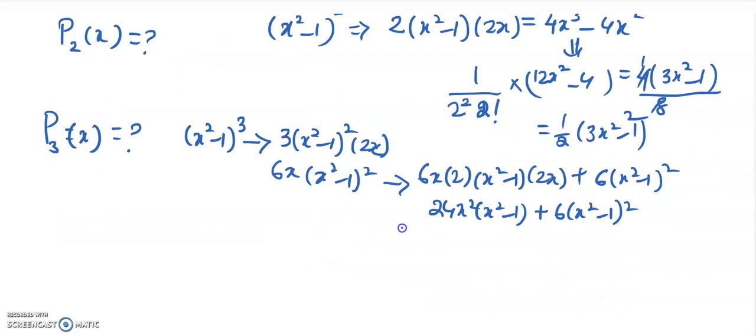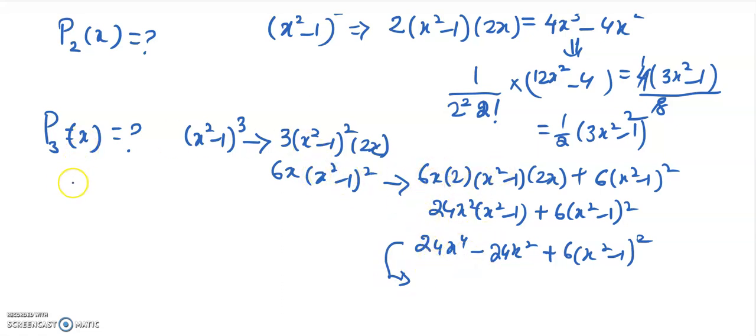We can simplify it further: 24x to the power 4 minus 24x squared plus 6 times (x squared minus 1) squared. Again we need to take its derivative for the third time, because k was equal to 3.